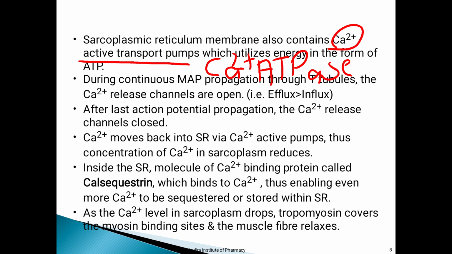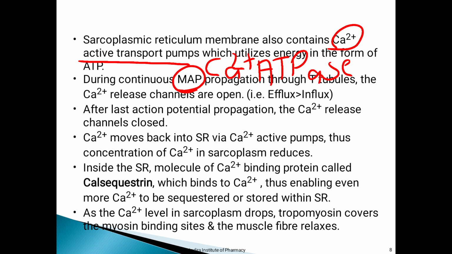After the last action potential propagation, the calcium release channels are closed. This release of calcium from the sarcoplasmic reticulum is only possible when the muscle action potential propagates to the sarcoplasmic reticulum.